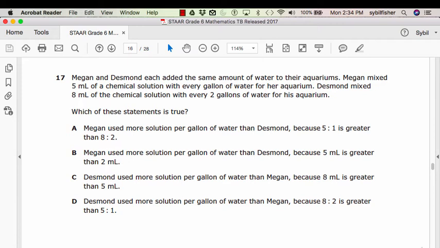C. Desmond used more solution per gallon of water than Megan because 8 milliliters is greater than 5 milliliters. D. Desmond used more solution per gallon of water than Megan because 8 to 2 is greater than 5 to 1.